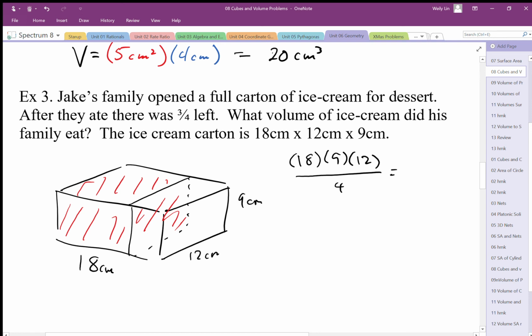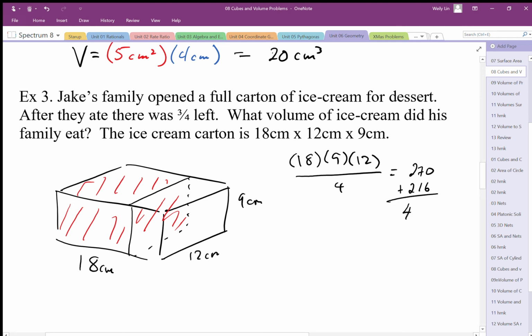So what's that going to be? 12 divided by 4 is 3, times 9 is 27, times 18 is going to be 270 plus 27 times 8, which is 216.